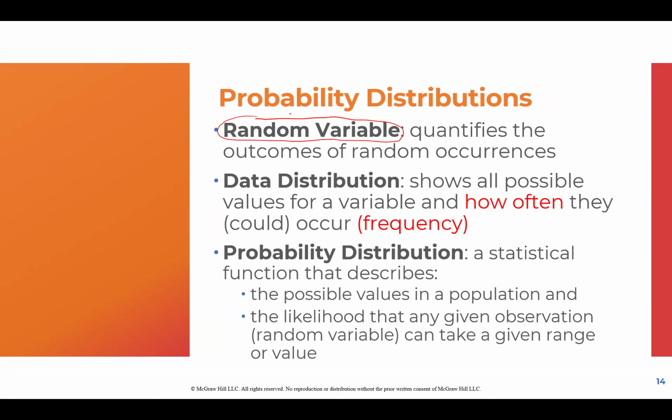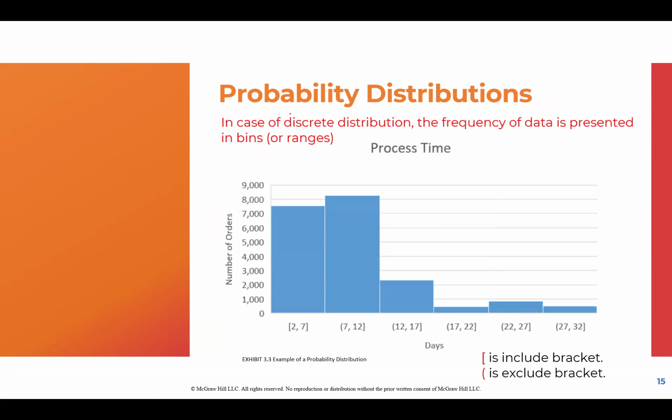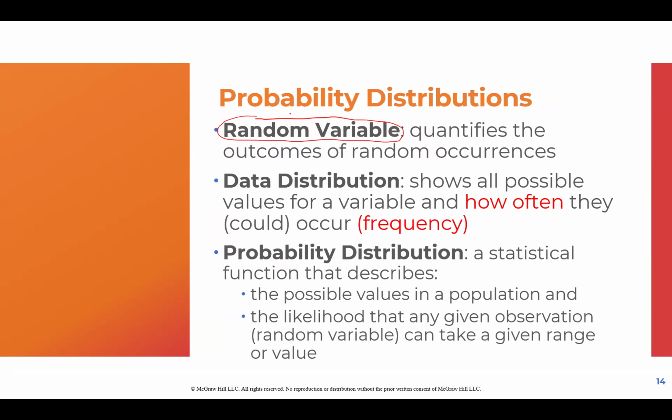A random variable is anything that you want to find out information about. Basically, it quantifies the outcomes of random occurrences.